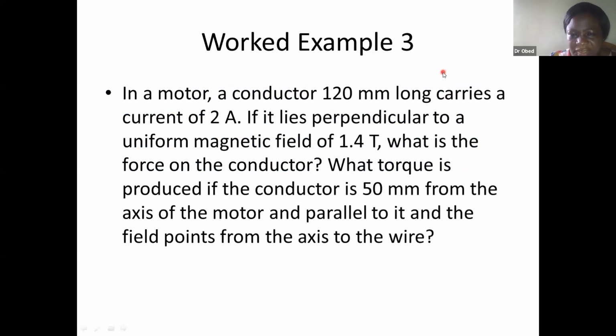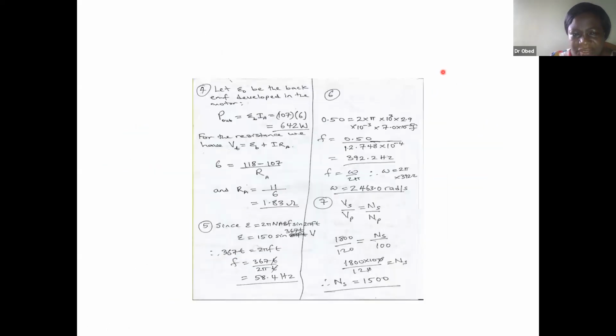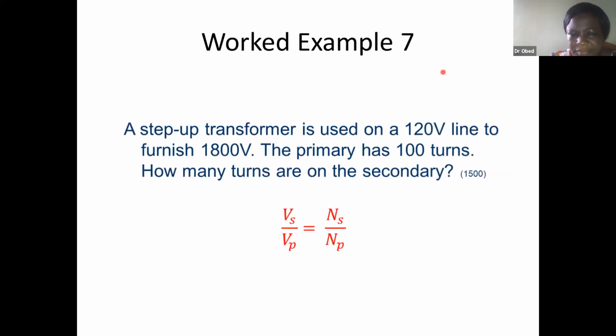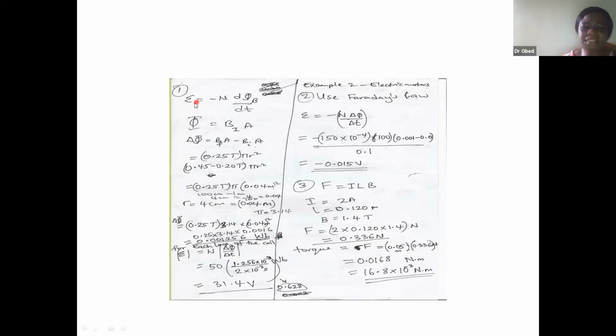In solving this, go to the slide. This is what we are asked. You remember this formula?